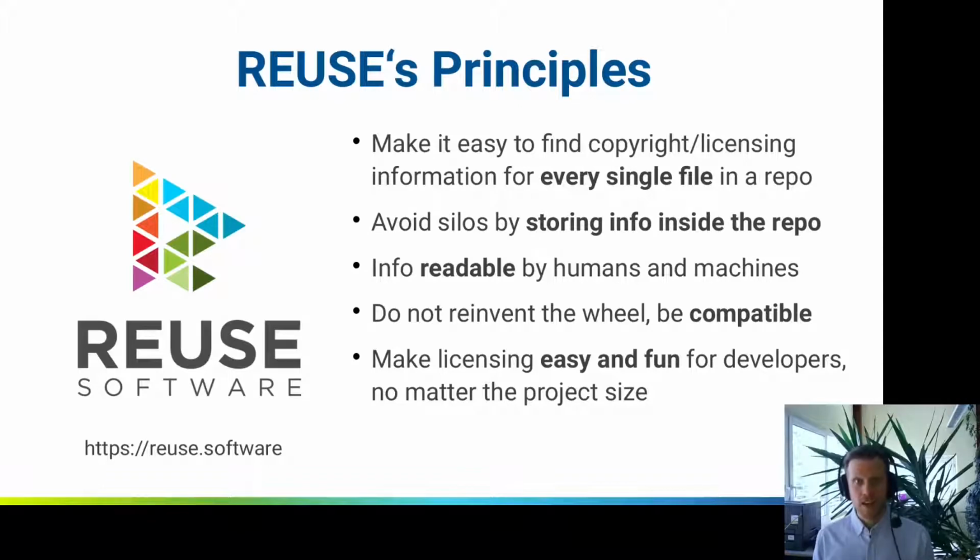We want to avoid silos by storing the information about copyright and licensing directly inside of the repository as clear text. So no databases, no web services that can go offline, but directly as close as possible to the files. The information should be readable by humans and machines, so also tools.